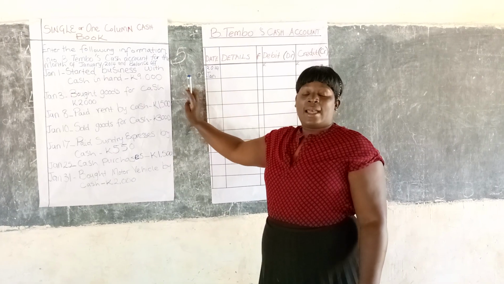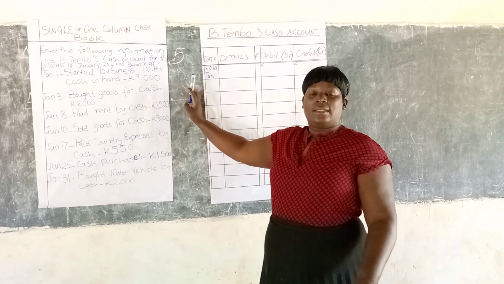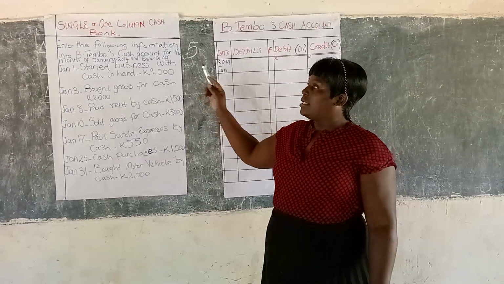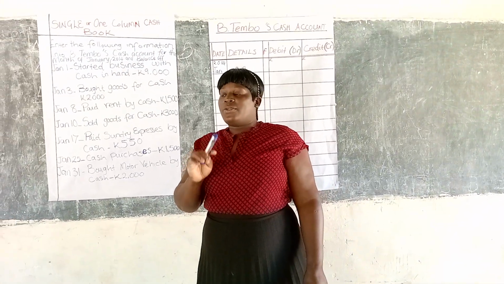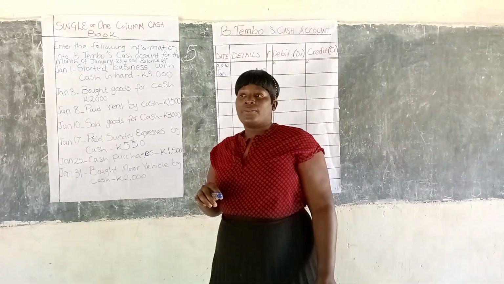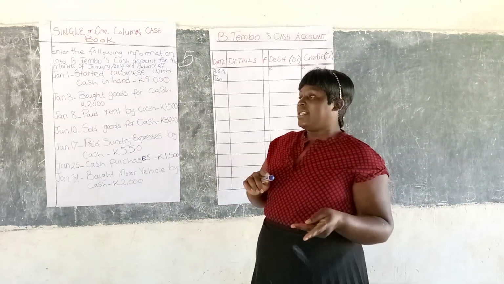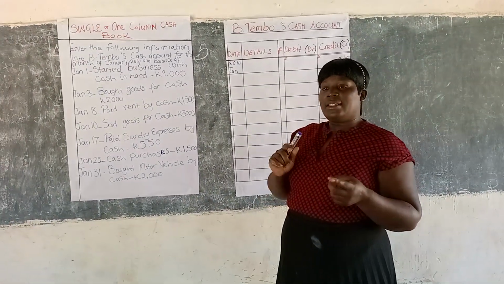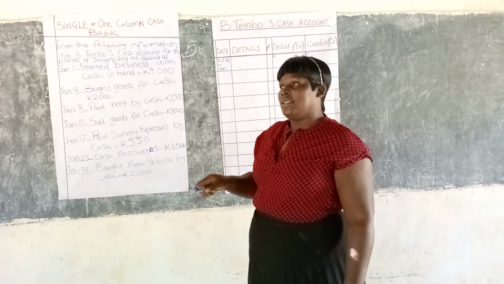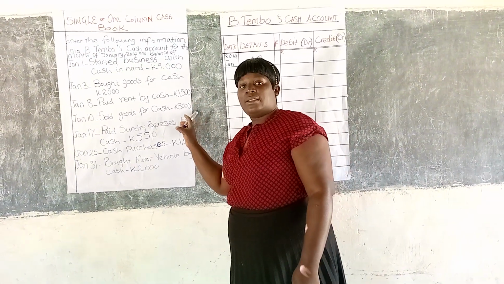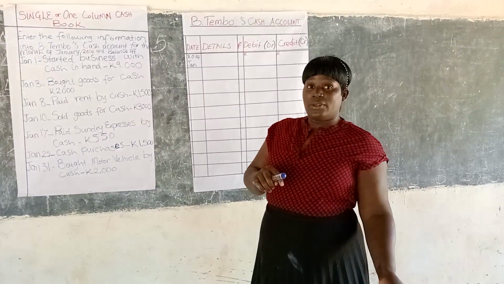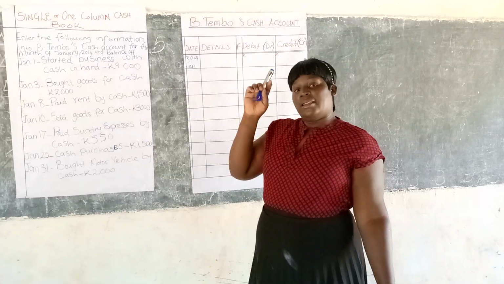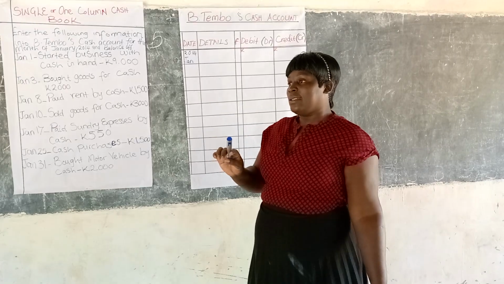So the cash book is of 3 types. There is a single column cash book, a 2-column cash book, and a 3-column cash book. A single column cash book is a cash book that records either cash transactions or bank transactions, whereas the 2-column cash book records both the cash transactions and the bank transactions.